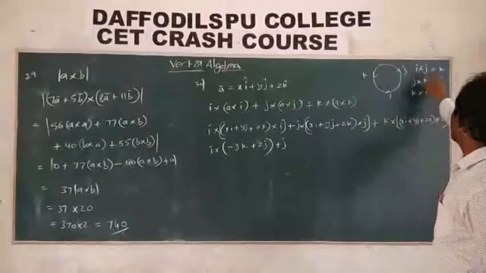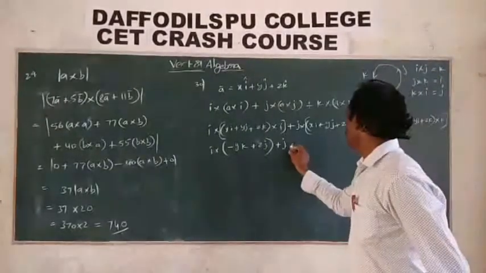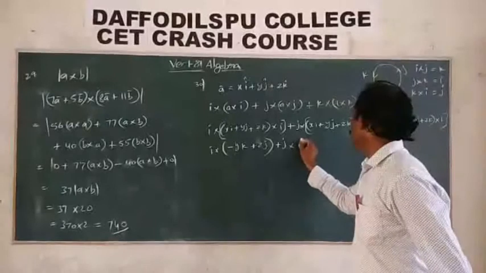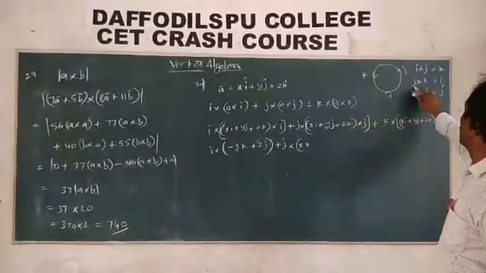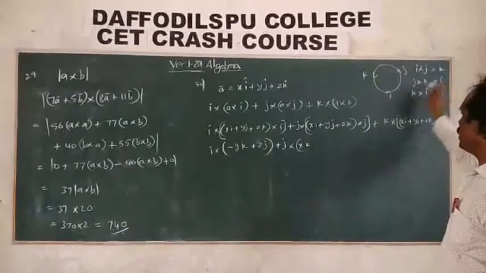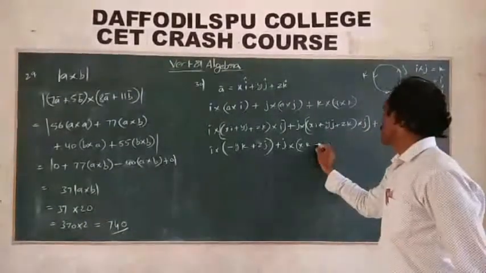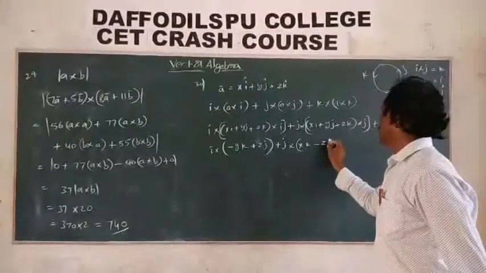I cross j is k, so that implies xk. J cross j is 0. k cross j is minus I, so minus z.